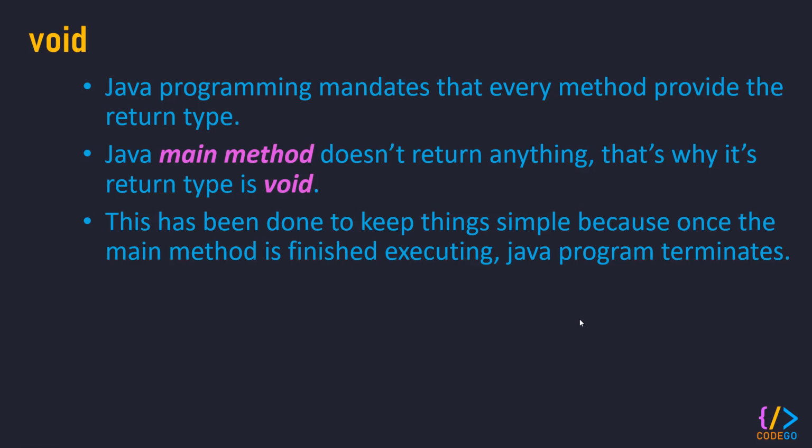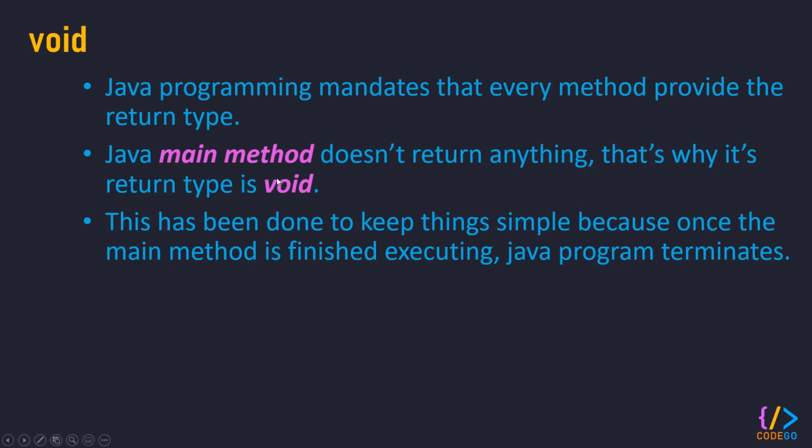Yung code na ginawa natin inside our main method, pag pinatakbo po natin yung program, ma-execute po niya, and then pagkatapos po niya ma-execute, it will end the execution of our program. Pagkatapos po niyang ma-execute yung code inside our main method, the program will terminate.